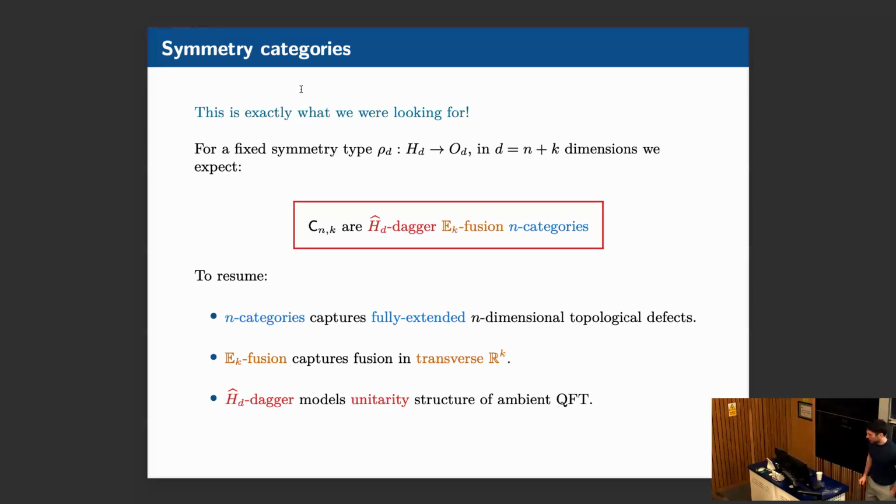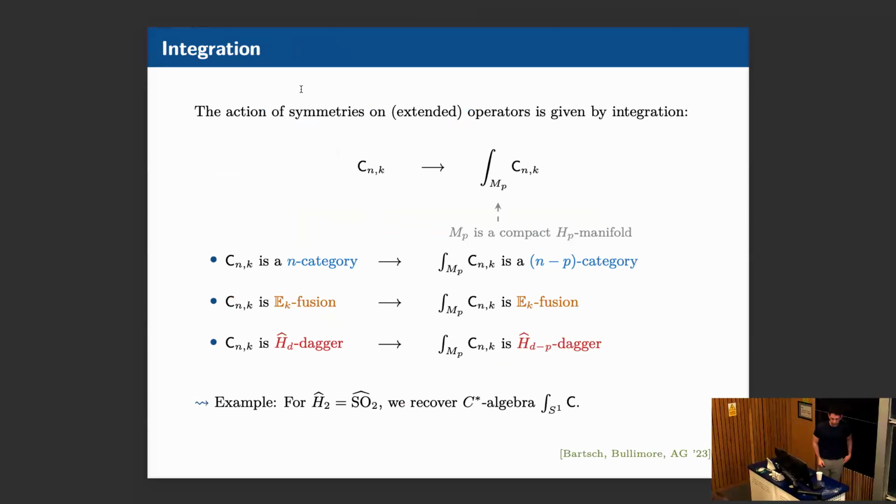Okay, so once we have this kind of data, then the expectation is that the action on extended operators is going to be given by what we call the integration. Let me be slightly more precise. As we saw in the two-dimensional case, from a fusion category, we sort of integrated over S^1. And that gives us the tube algebra, which captures how the fusion category acts on local operators.